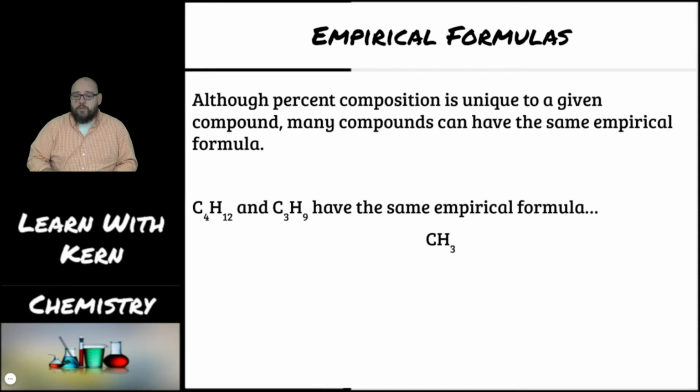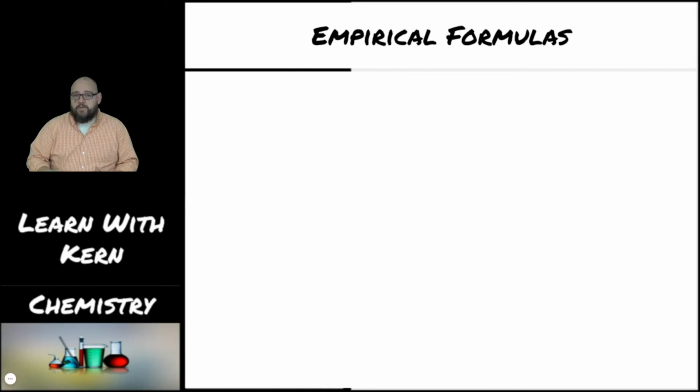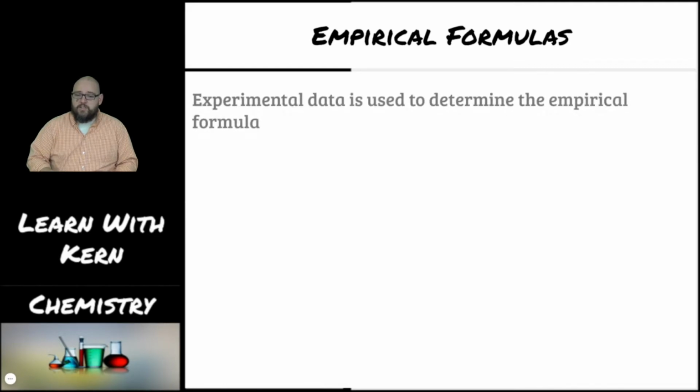But how do we determine the empirical formula first? What's the first thing we need to do? Experimental data is used to determine the empirical formula, usually by experimentally measuring the percent composition. So we end up with a compound that we don't know what it is. We run it through a device called a mass spectrometer, and it's going to separate it out, and you're going to be able to figure out the mass of the elements that make it up.